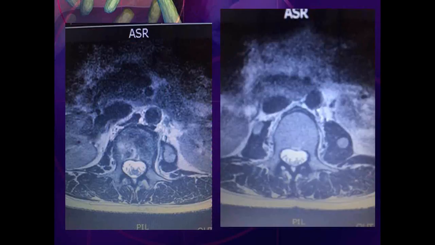So this was some repeat imaging, and it's hard to see, but these abscesses in the psoas musculature have continued to shrink. And at that point, they were slightly smaller, but really not a whole lot. And her discitis looked very similar, with maybe a slightly less enhancing area of fluid collection.